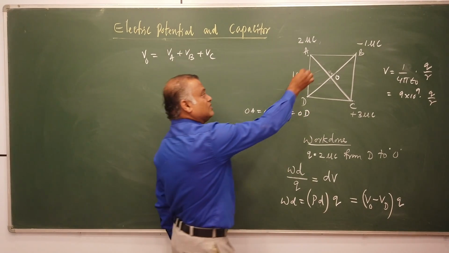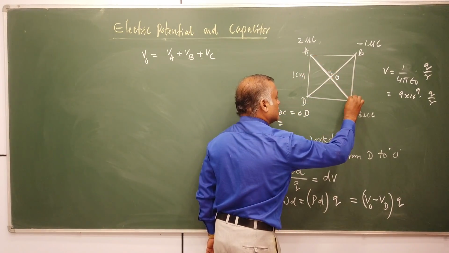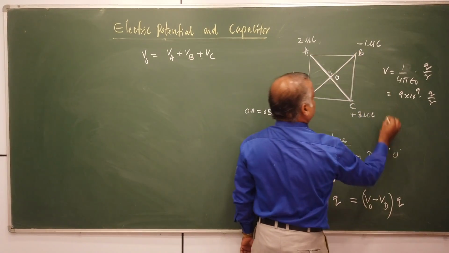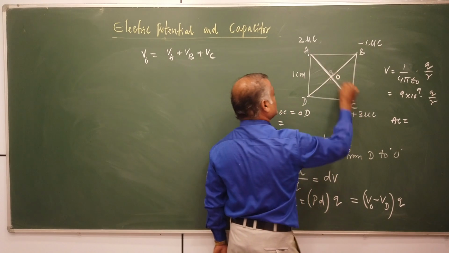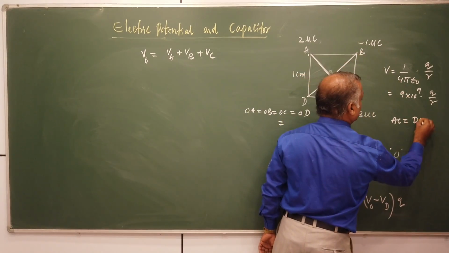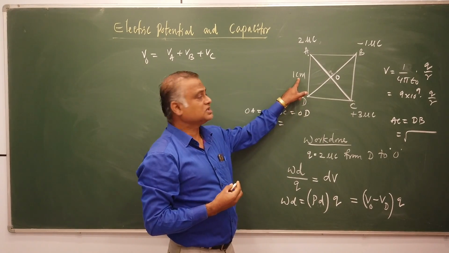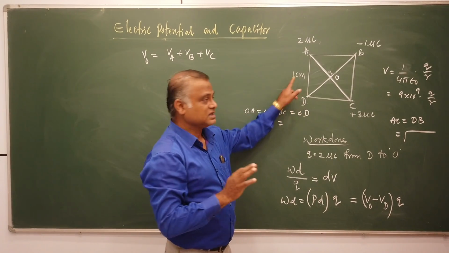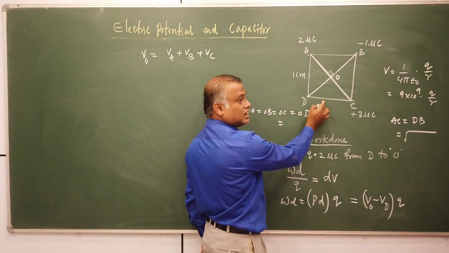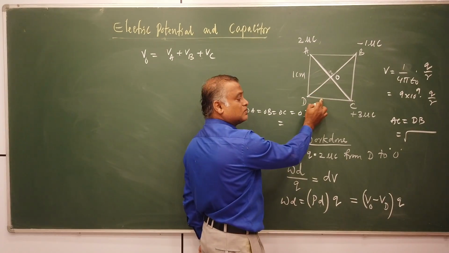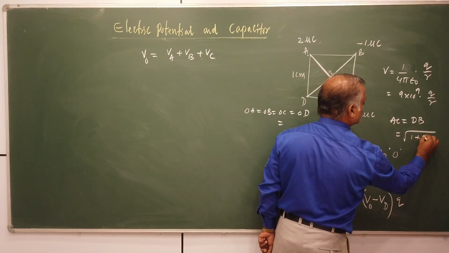Now from the geometry, you can write the diagonal AC is equal to DB, that is equal to root of whatever is given. Here how much is given? Centimeter. 1 square plus 1 square is 1 plus 1, which is 2.